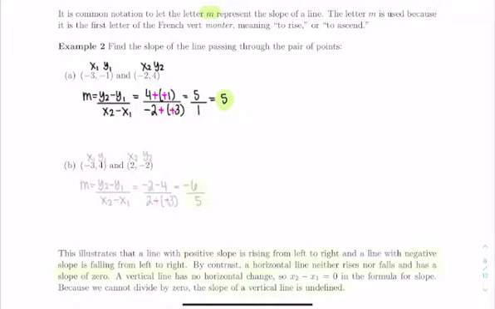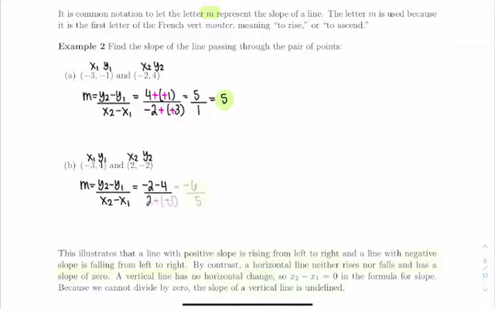Let's go ahead and try this with another pair of points. I'm going to label (-3, 4) as (x1, y1), and (2, -2) as (x2, y2). Again, plugging into our formula, our y2 is -2 and y1 is 4.